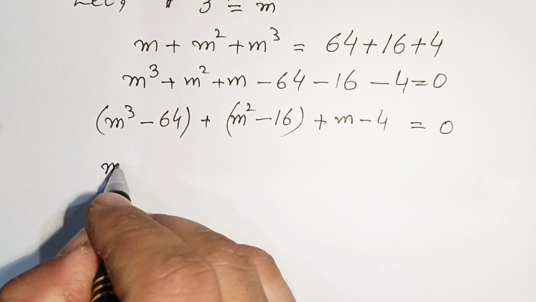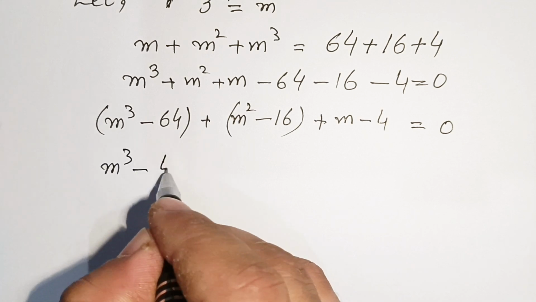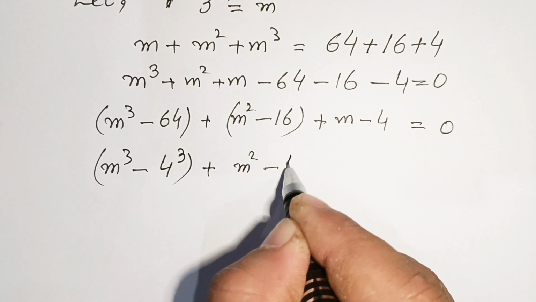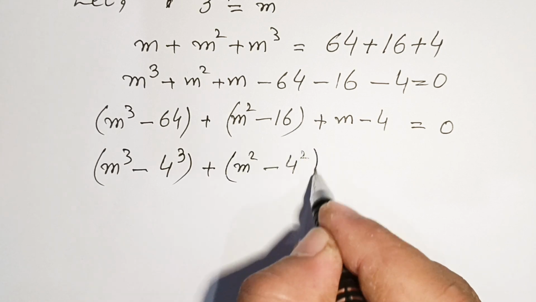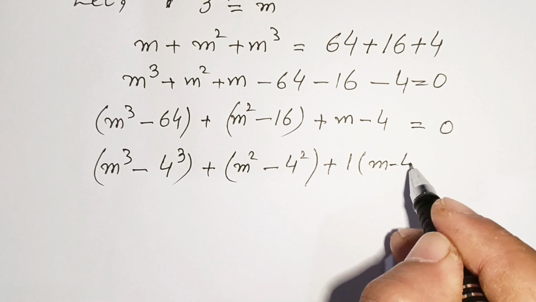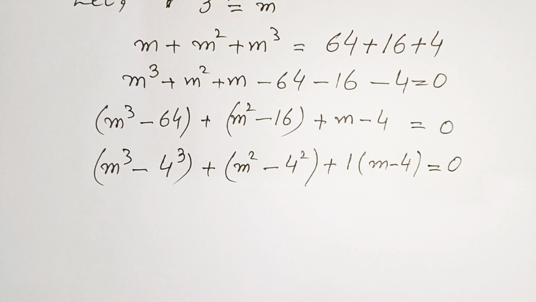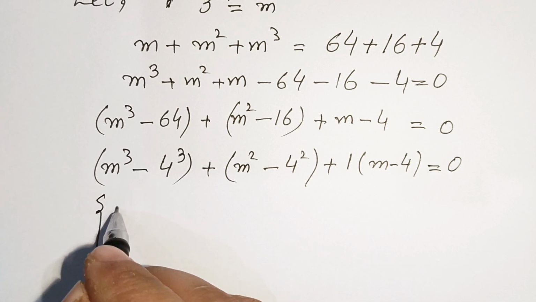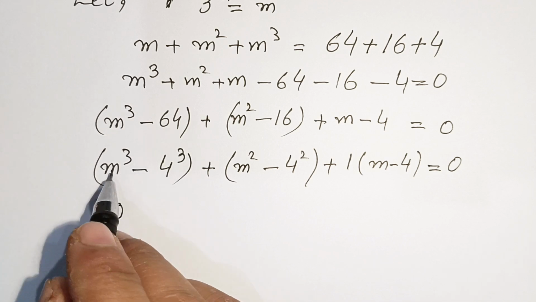Now m cubed minus 64 can be written as m cubed minus 4 cubed, m squared minus 16 as m squared minus 4 squared, and plus 1 times m minus 4 is common, equal to 0.